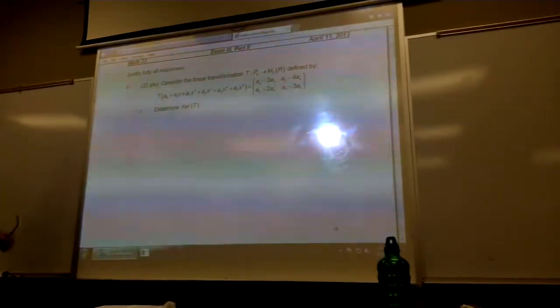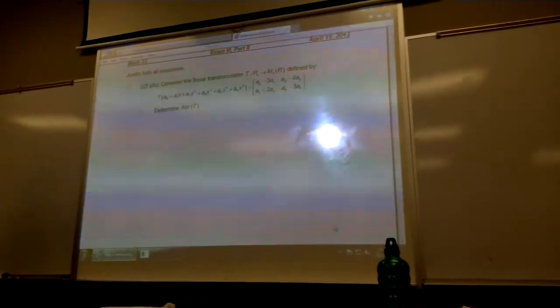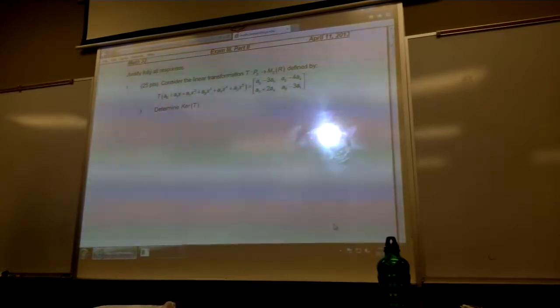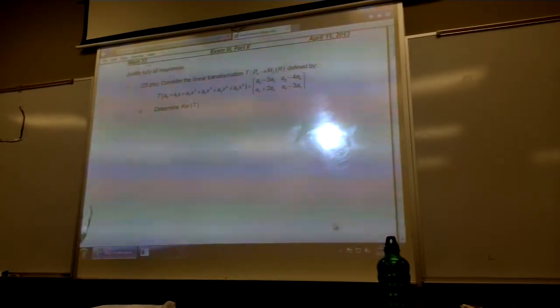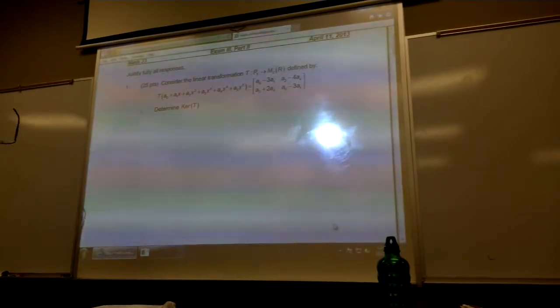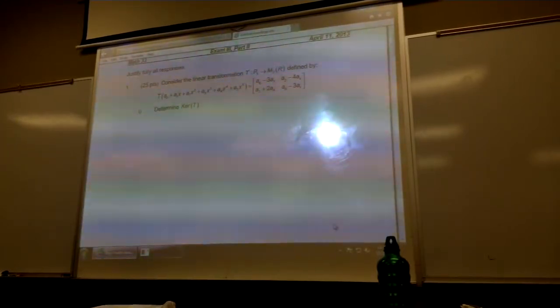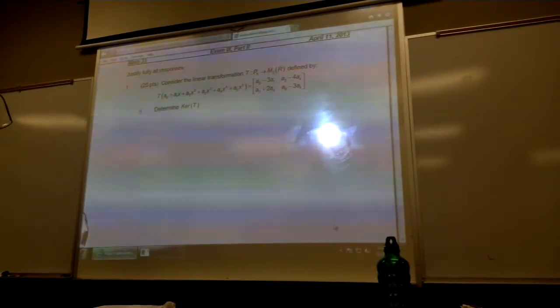Once we solve for the kernel, like we said that matrix equal to the 0 matrix, we get a bunch of terms. If you notice in the original matrix, there is no a3 term. Why does the a3 term pop back into the kernel?